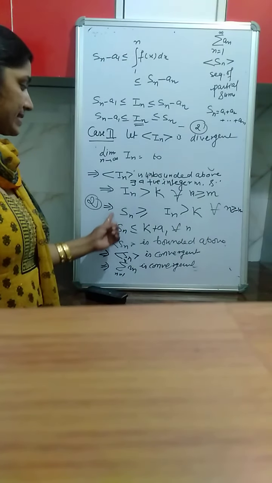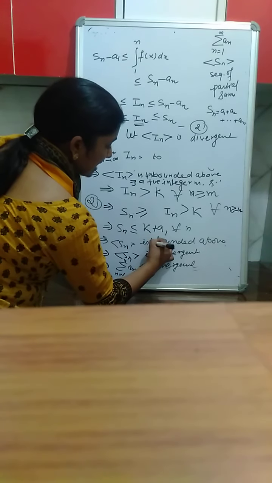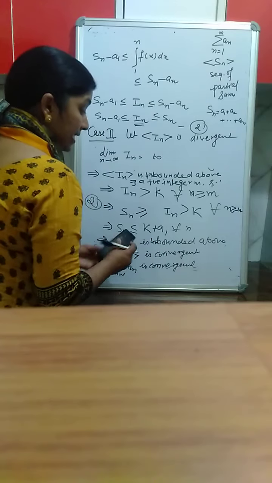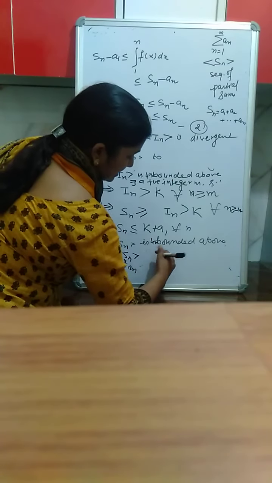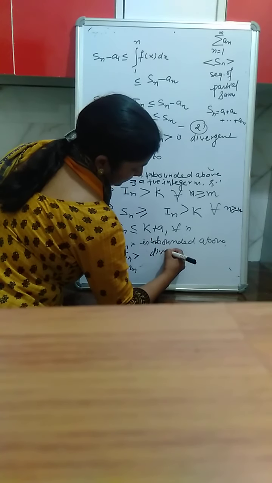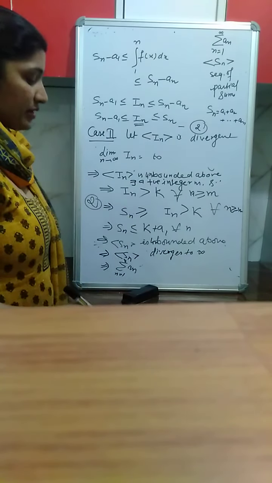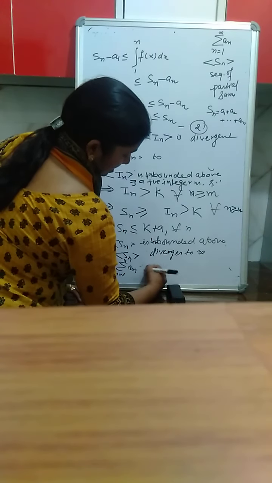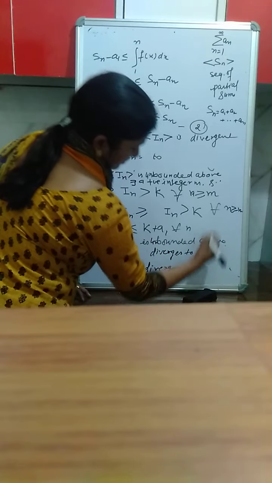It means this Sn is also unbounded above. But when Sn is unbounded above, as Sn is a monotonically increasing sequence which is unbounded above, it means Sn diverges to infinity. And Sn diverges to infinity implies the summation diverges to infinity.